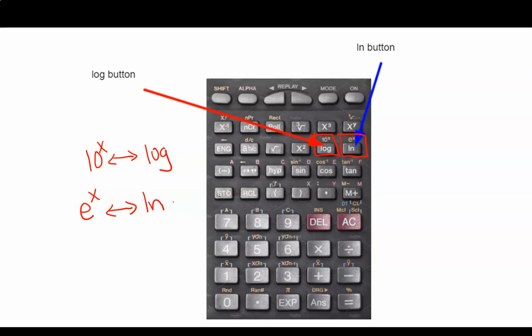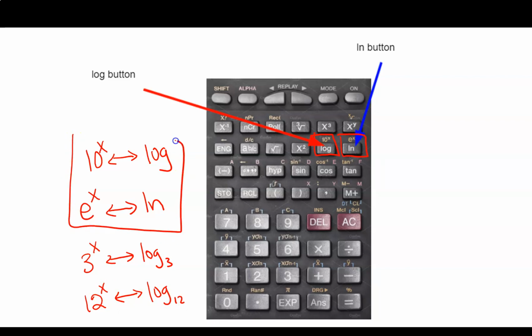So those are inverse pairs. Otherwise, if I had 3 to the x, its inverse would be log base 3. If I had, let's say, 12 to the x, to undo that, we'd have log base 12.